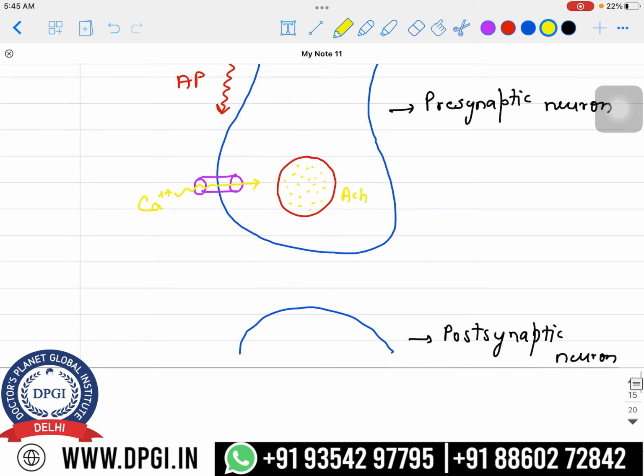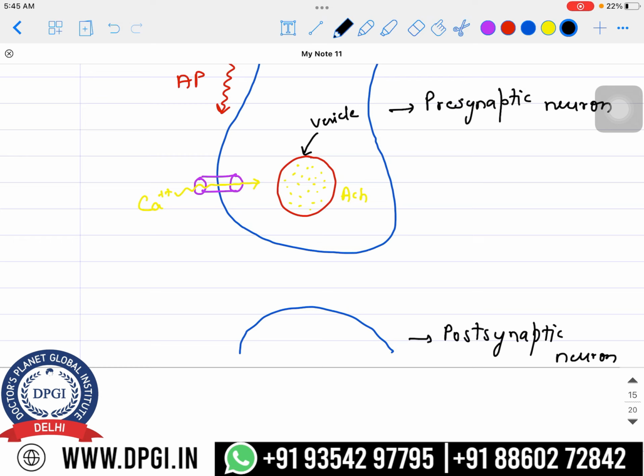What they will do is, this vesicle which you are seeing over here, let me mark it. This is called a vesicle. The vesicle is acting as a storage form for the acetylcholine, which is the neurotransmitter over here.